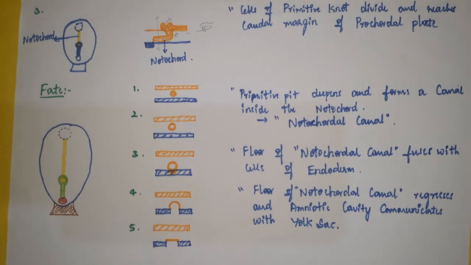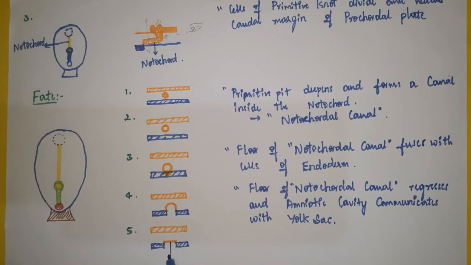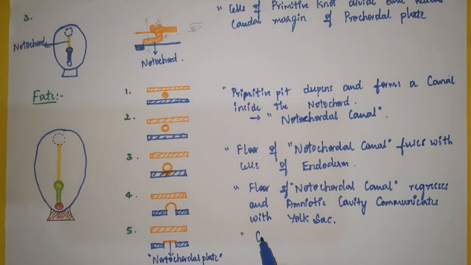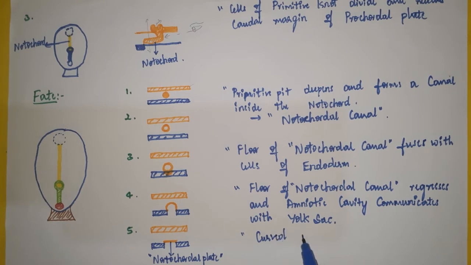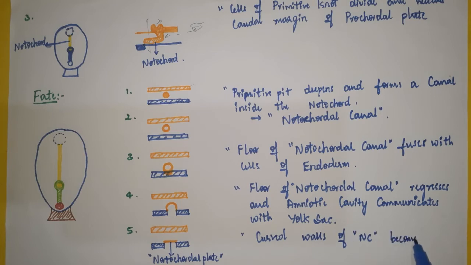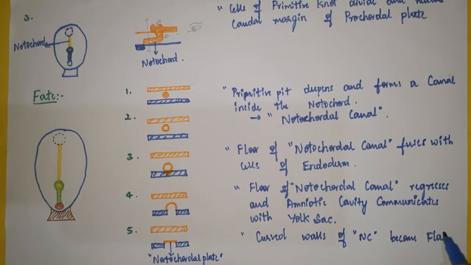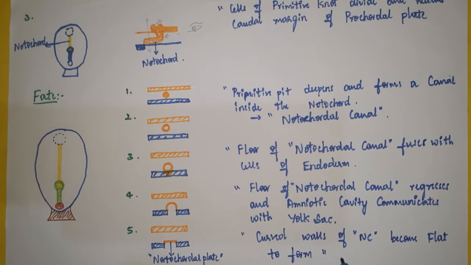Okay, this flat plate-like structure is called notochordal plate. Summary is, curved walls of notochordal canal become flat to form notochordal plate.